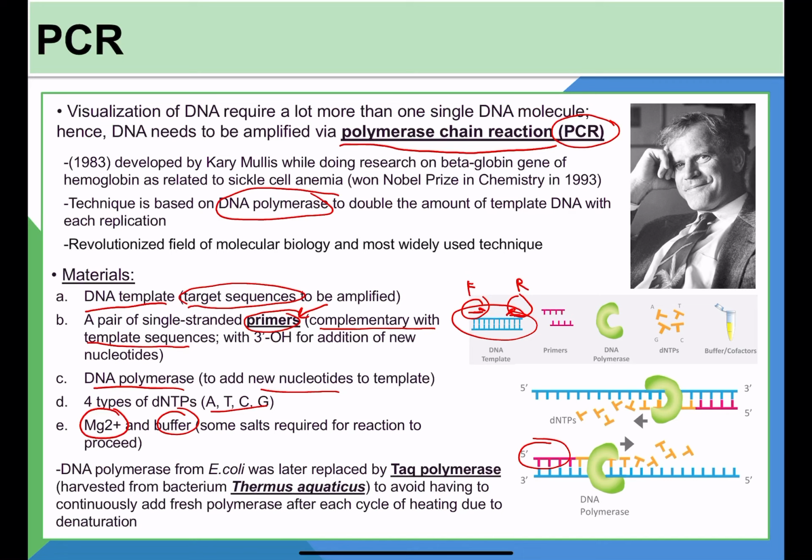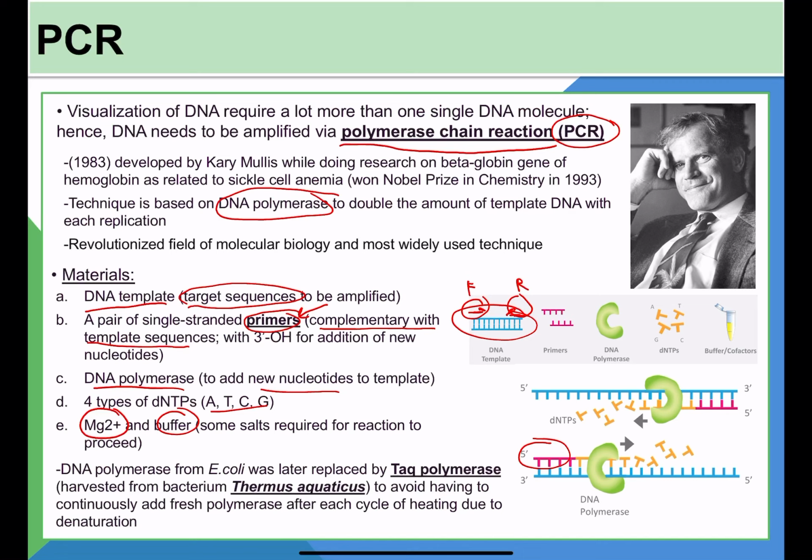But what happens with E. coli DNA polymerase is that we require a step called denaturation within the PCR reaction, which means we need to boil your sample. Literally, the PCR sample will be heated up to 90 to 100 degrees Celsius. Okay, so that denatures the DNA. Well, what else denatures? Proteins. So every time the DNA is being denatured in a cycle of PCR reaction, your polymerase is also denatured.